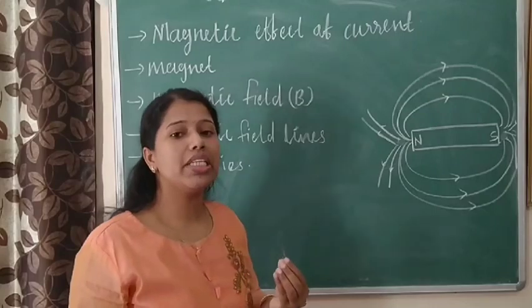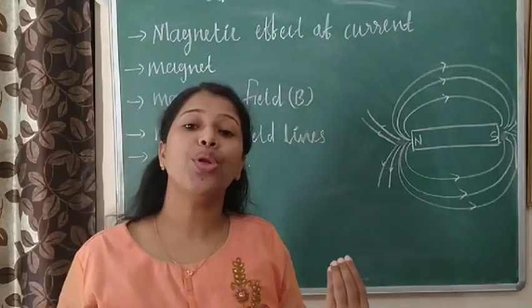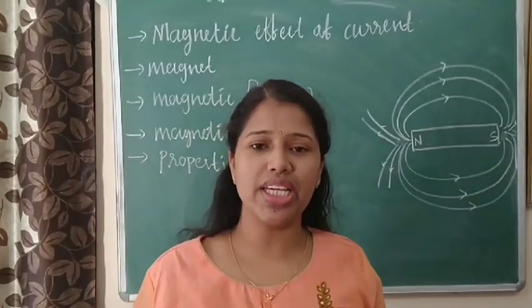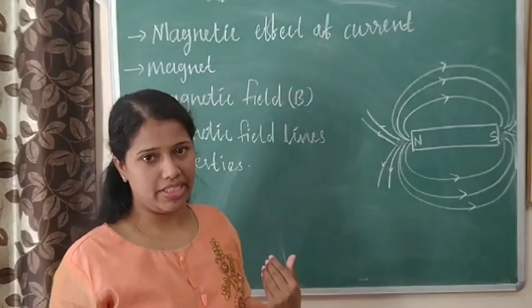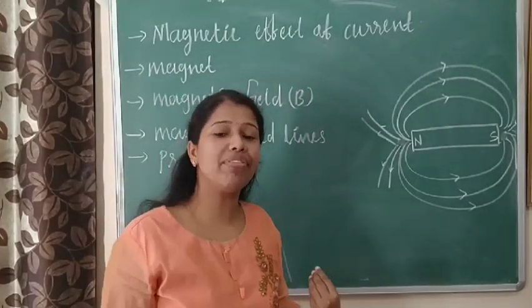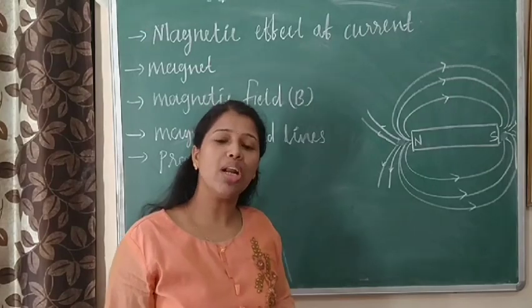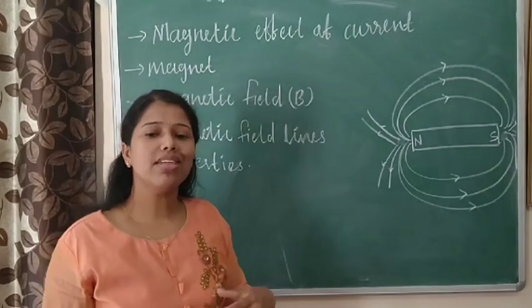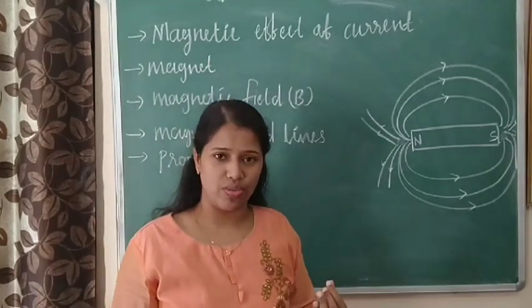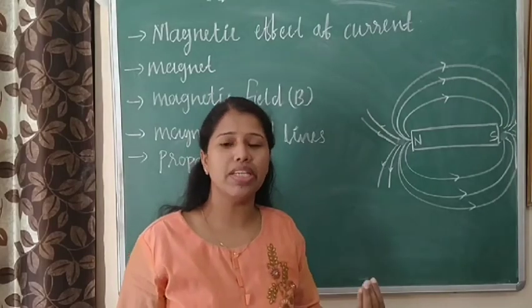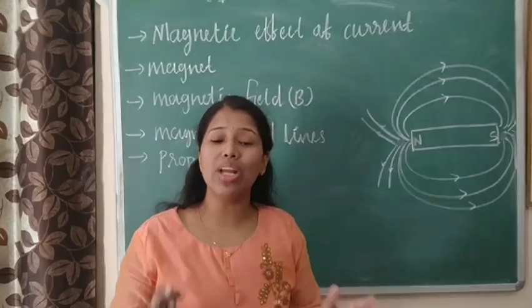Actually, we know that magnets are of two types. First one is natural magnet. Second one is artificial magnet. Natural magnet means it occurs in nature. We get it from nature, and it is irregular in shape.